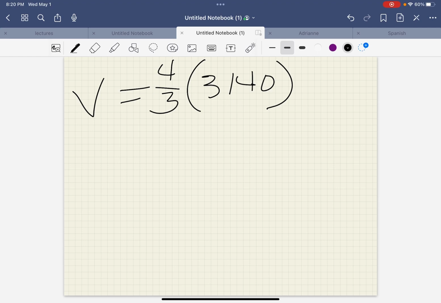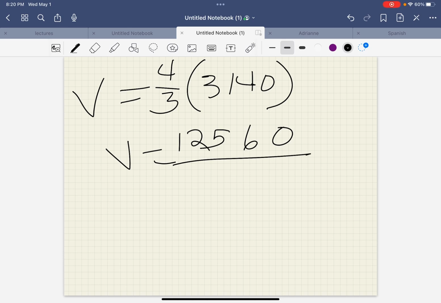Okay, let's see. 3 doesn't go in there evenly, so this would be 0, 16, 5, 12 over 3. And it wants us to round it off to the nearest 100, so let's just divide this out.